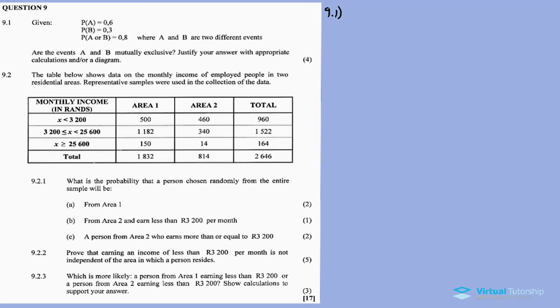9.1, what is a mutually exclusive event? A mutually exclusive event is an event without the intersection, meaning the probability of A and B, the intersection, must be equal to 0.